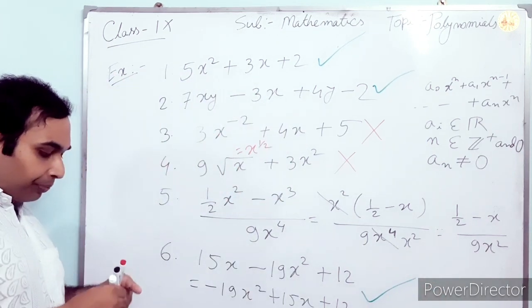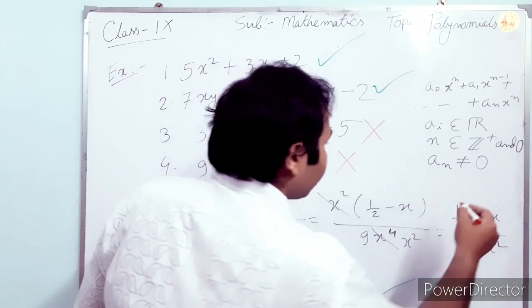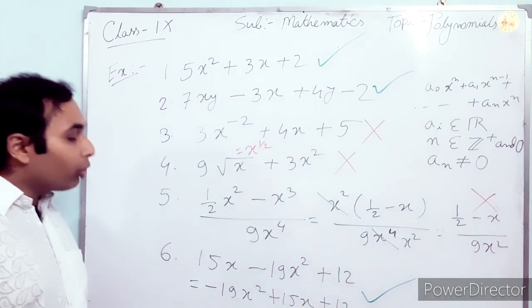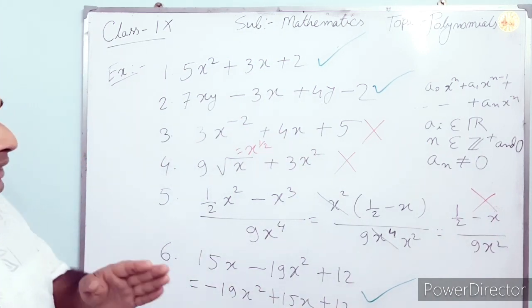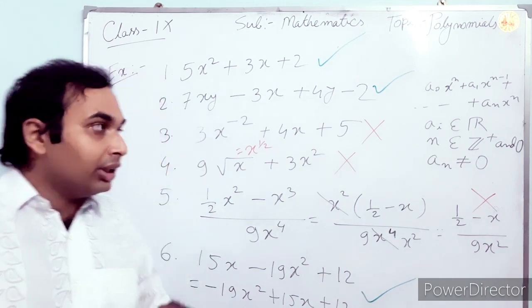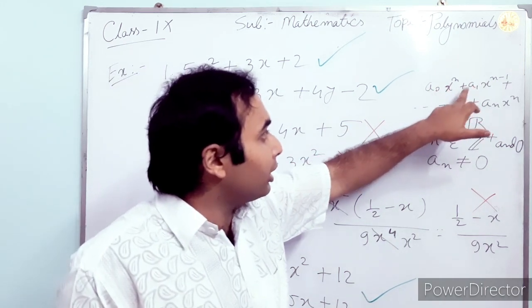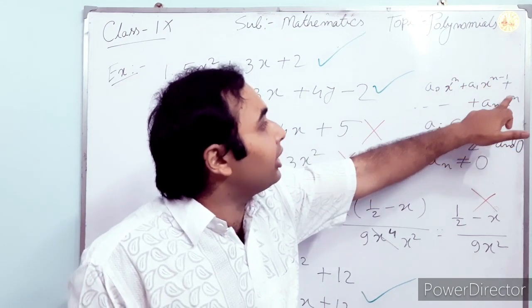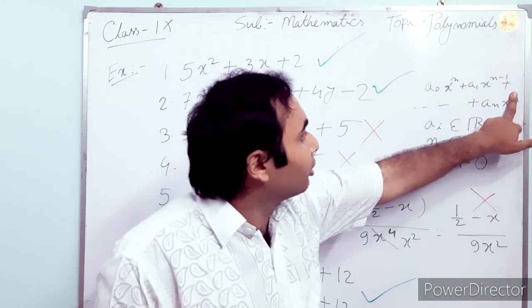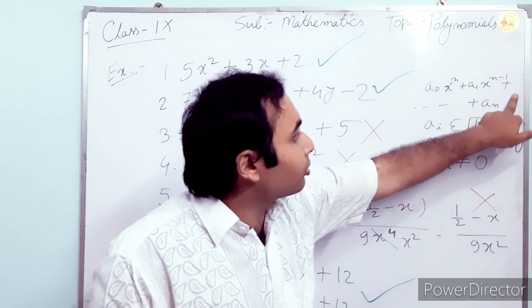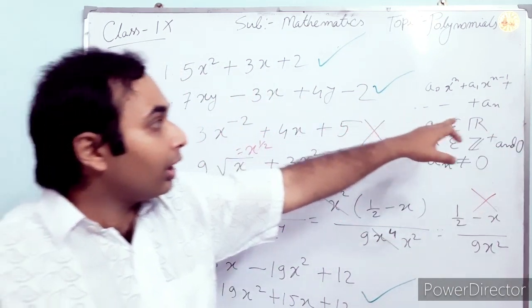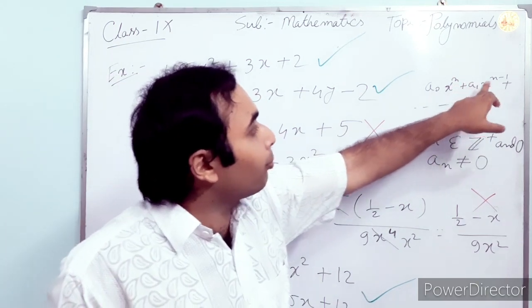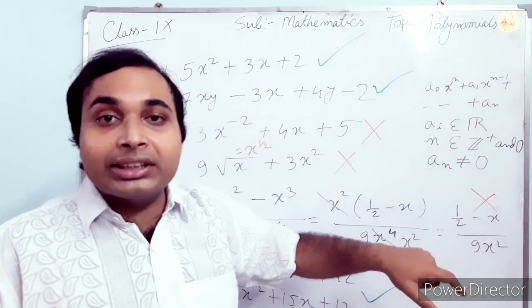Regarding this, one thing I want to say: actually the standard form of the polynomial is a0 x to the power n. Just see here, the power of x is gradually decreasing.